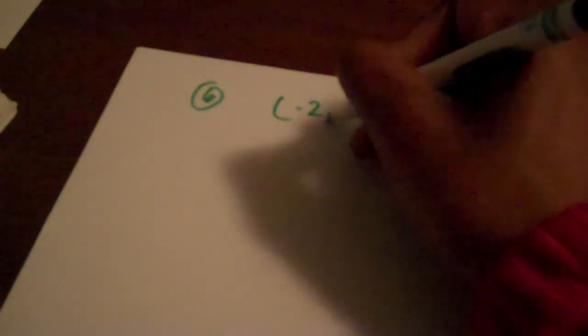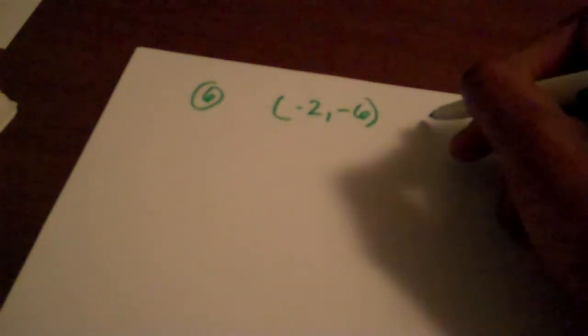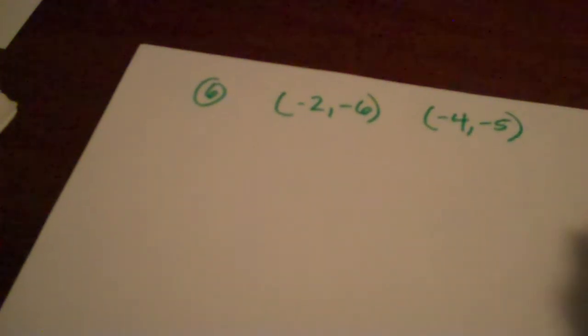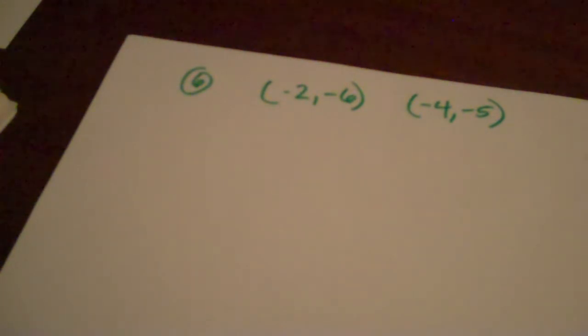In question number 6, it says, what is the slope of the line that passes through the coordinates -2, -6, and -4, -5? So our 2 points here in question number 6, we have -2, -6 and -4, -5. So we're going to find our change in y over our change in x.